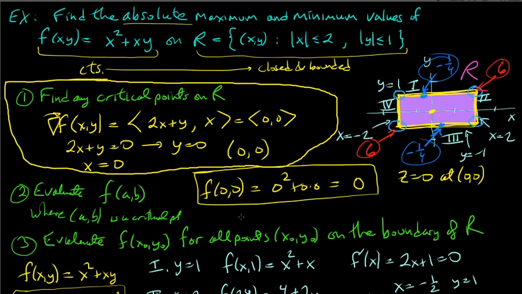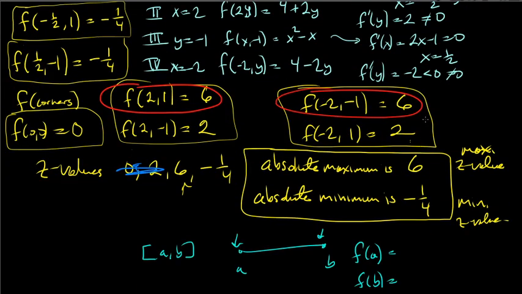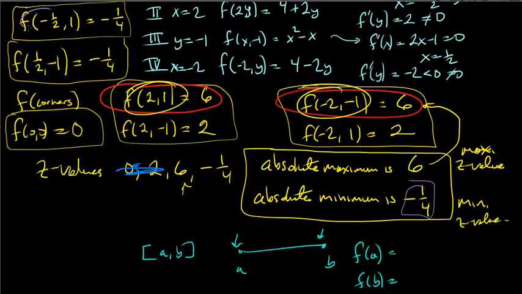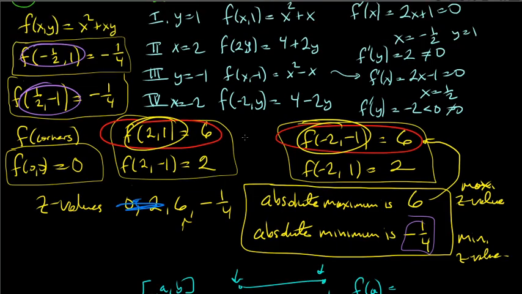So don't get confused between relative maximums and minimums, those are the peaks and valleys, and the absolute maximums and minimums. For that, we just wanted the values, the 6 and the -1/4. They didn't ask us at what points they occurred, but if they wanted the points, here are the points for the maximum, and then for the -1/4, those are these 2 points up here on the upper left.